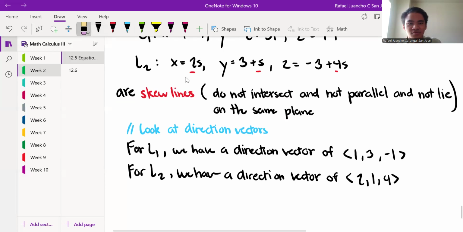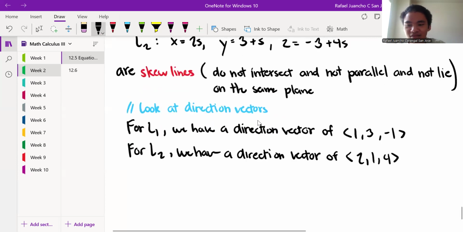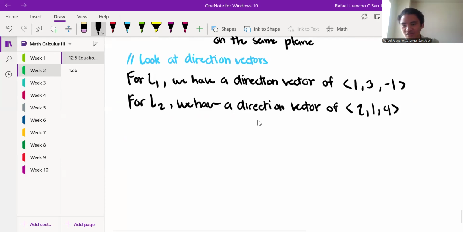So I'm looking at the numerical, the number before the letter. But yeah, so it's 2, 1, 4. And here we can see they are nowhere near parallel because they're not scalar multiples of each other. Right? It's not like you're given 1/2. This is actually the same as 2/4 because I can just scale the thing.